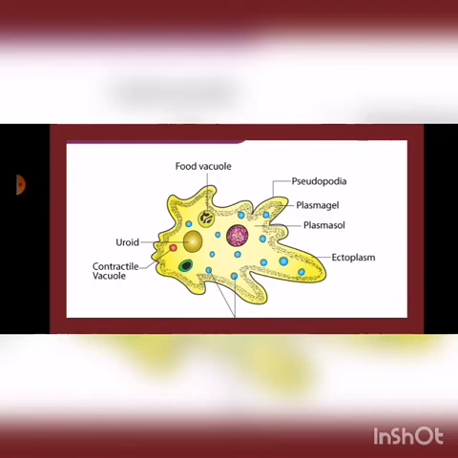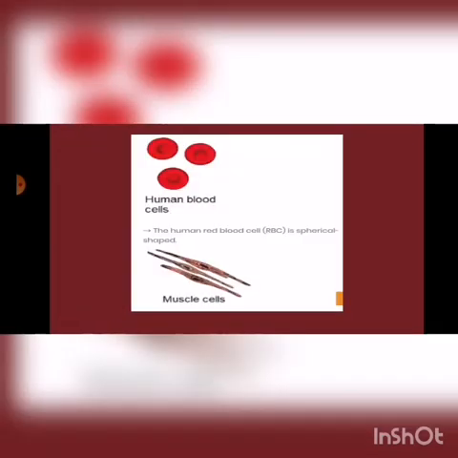Its shape keeps changing as it moves or feeds, protruding parts of its body to form pseudopodia. Pseudo means false, podia means feet. These outgrowth projections are known as pseudopodia. Humans have millions of cells such as white blood cells, cells that make up muscle, and cells that form nerves.